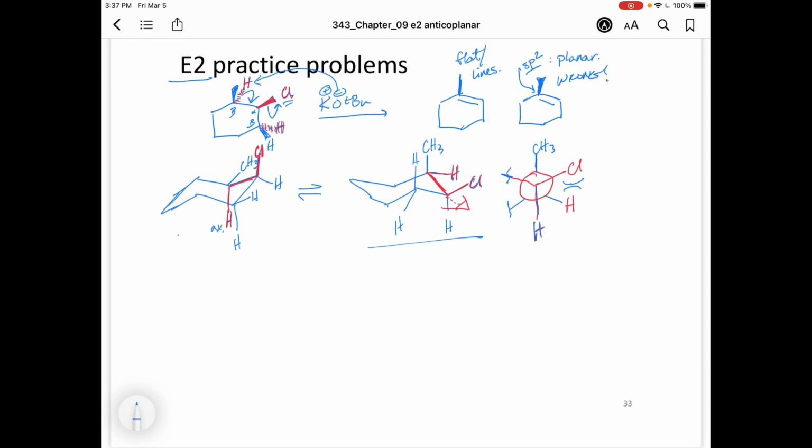So I'm just going to write this out. Leaving group and hydrogen must be on axial positions and opposite of each other.